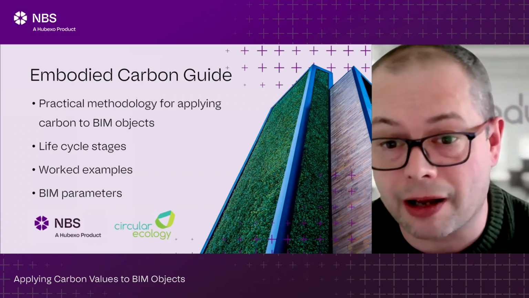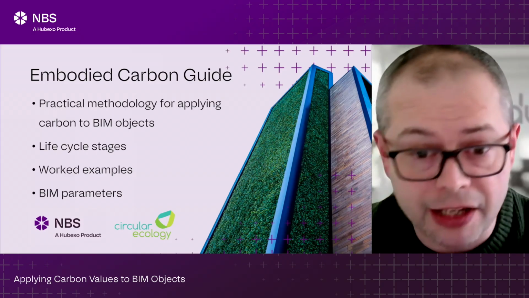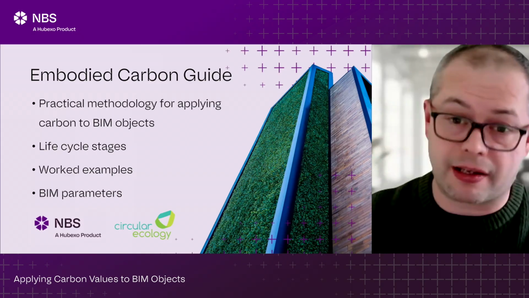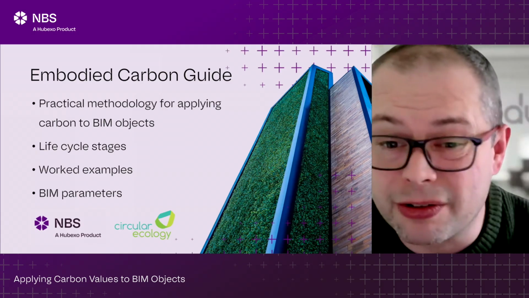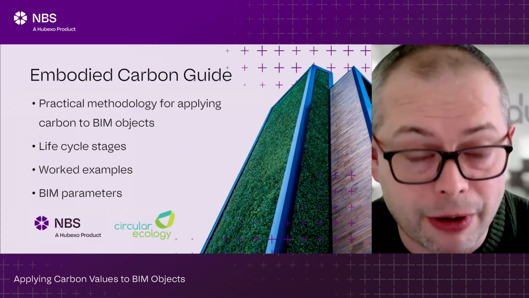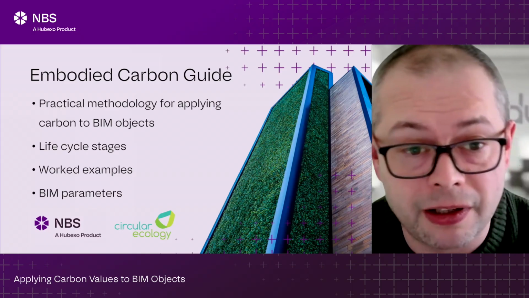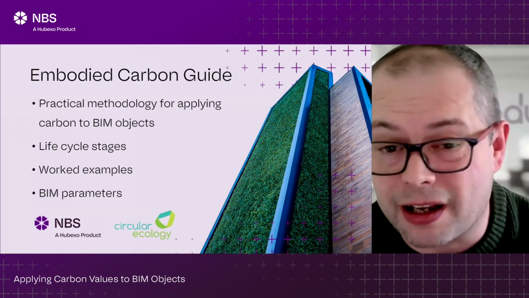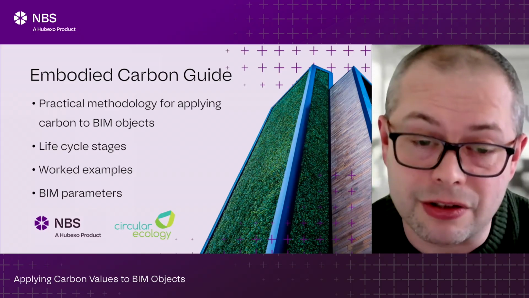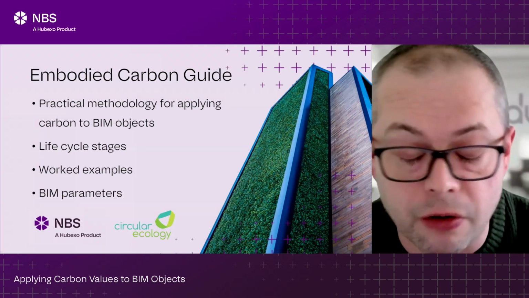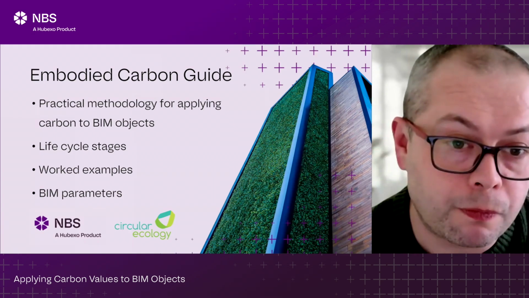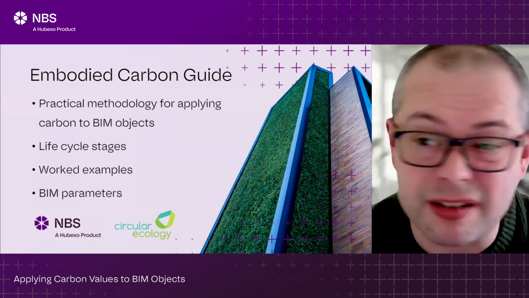Moving into B, you have your in-use carbon, which Craig mentioned, which includes things like the energy use in the building through its lifetime, but also replacing materials that are replaced throughout the project's life itself. C then goes into the end of life, so that's looking at things like deconstruction, waste processing, etc. And then D is the end of life of things beyond the system boundary.